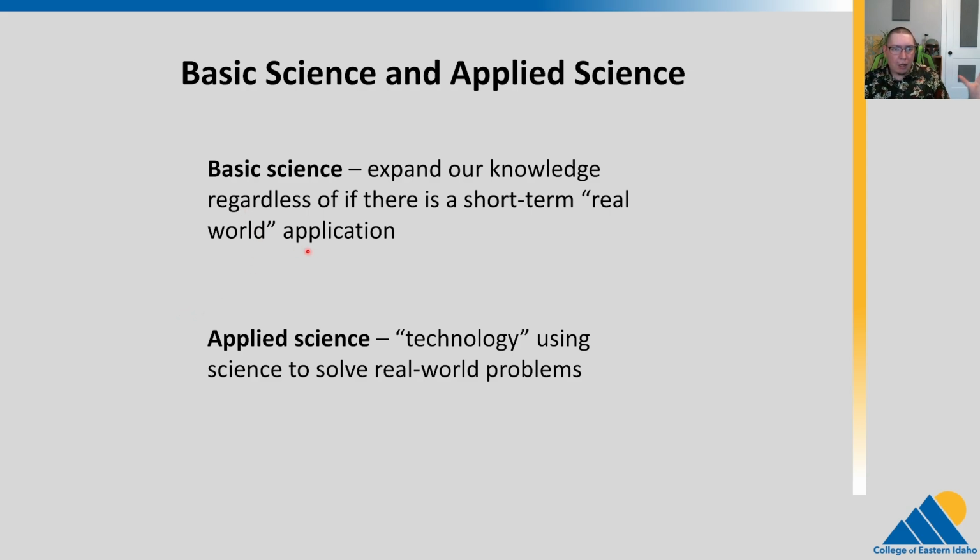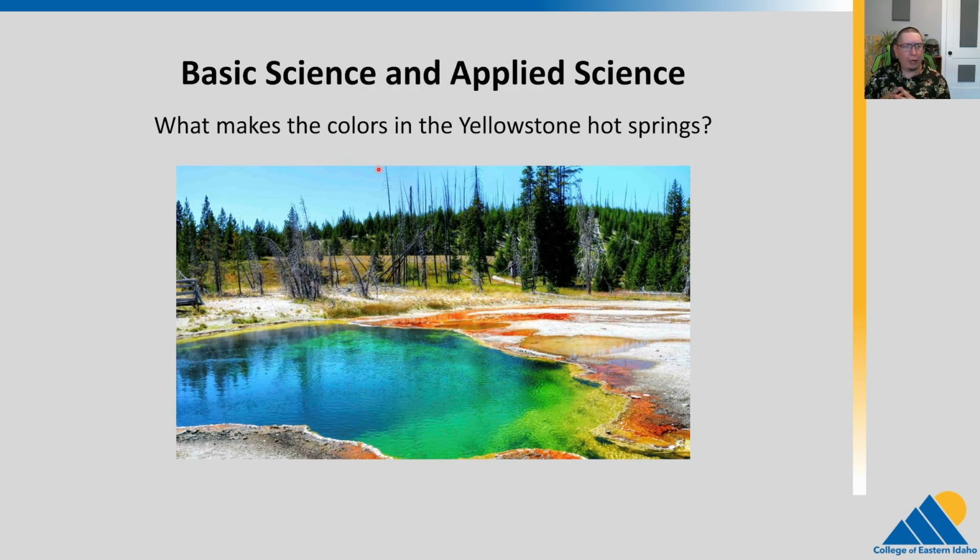And we kind of group this into what we call industrial science. Industry tends to do applied science, and academia, the university side and the basic research side, is often more basic science. All right, so we're going to examine this example here on basic science and applied science.